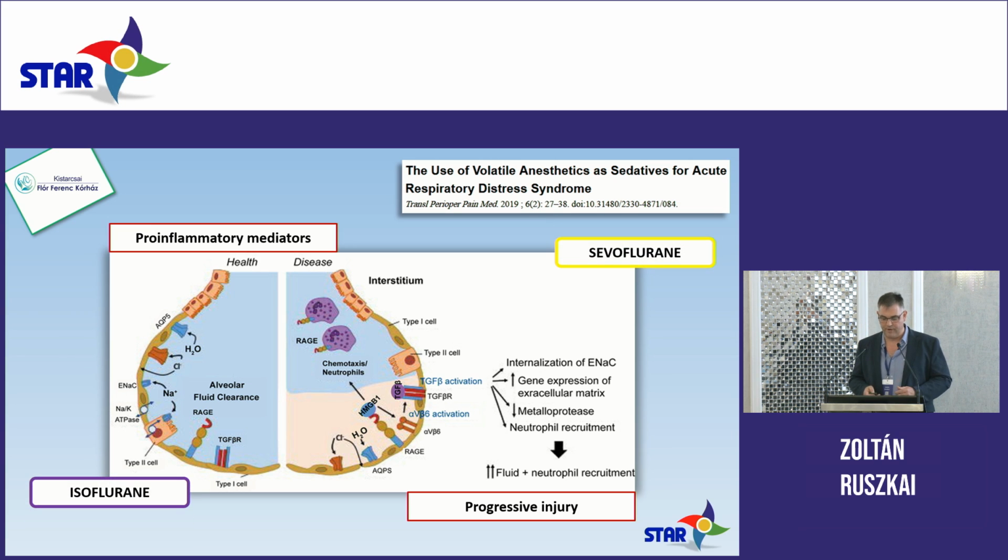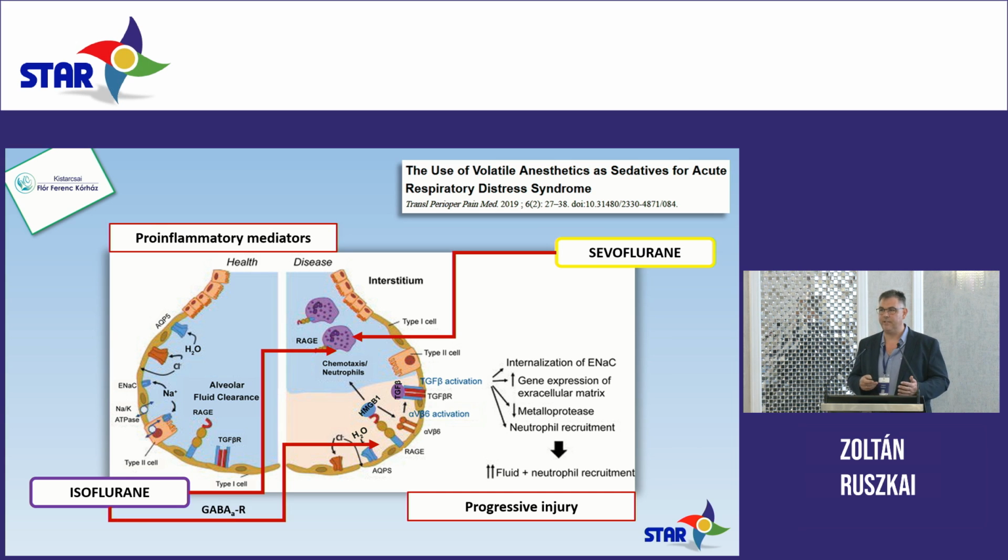But isoflurane and sevoflurane can deactivate the RAGEs, and they can activate some mechanisms that defend the alveoli and the epithelial cells. They can reactivate sodium-potassium ATPase. So maybe it's a good effect of volatile anesthetics.